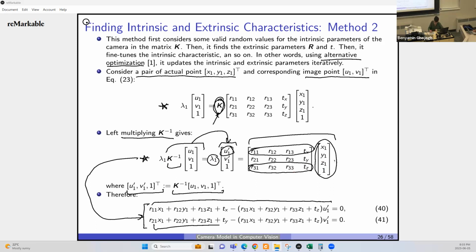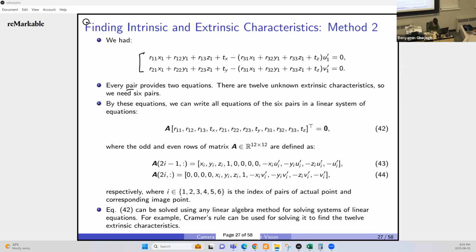I'll do the same for the v prime too. So I'll have 2 equations, right? Do you agree? I use the same thing that I did before. I'm repeating them here. Every pair provides 2 equations, as we saw. There are 12 unknown extrinsic characteristics. So we need 6 pairs again here. And then we do the same as what we had in the discussion before.